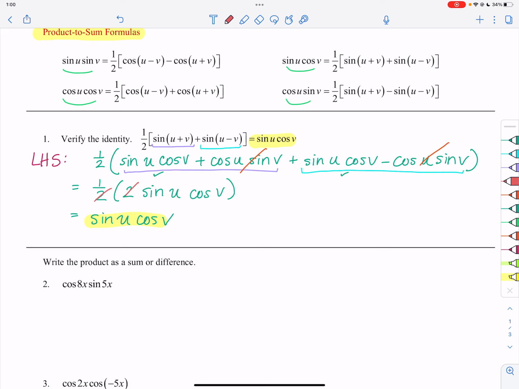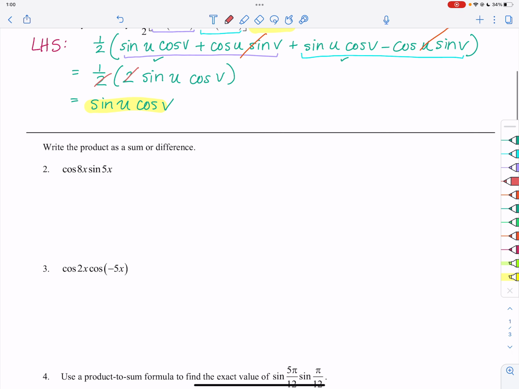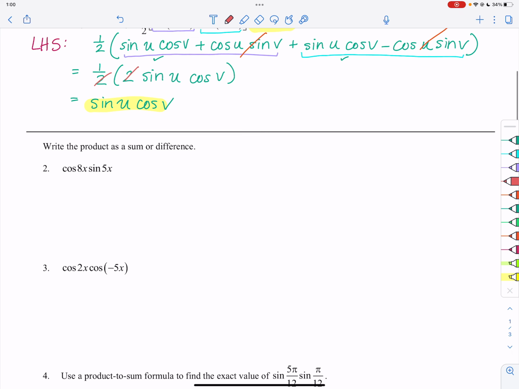Let's look at number 2. We are going to write the product as a sum or a difference. Looking at number 2, we have the cosine of 8x and the sine of 5x. Let u equal 8x and v equal 5x.